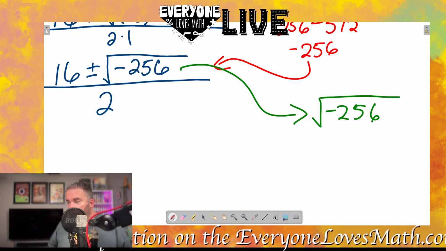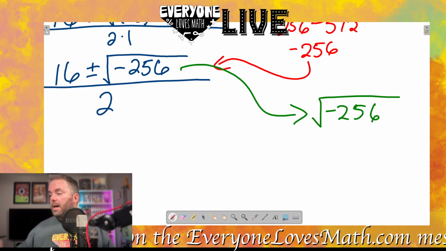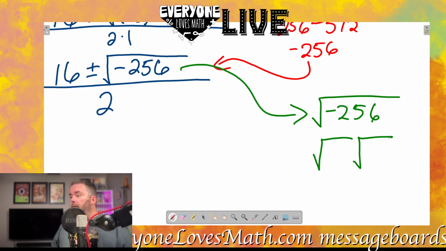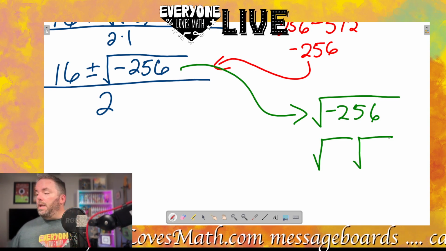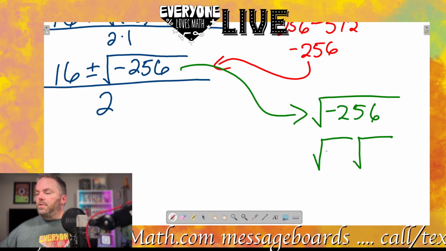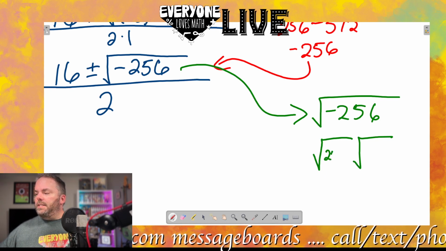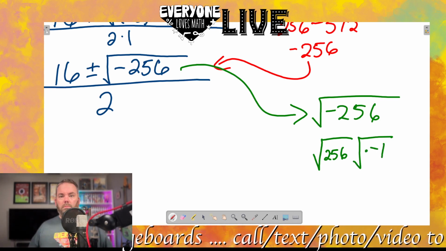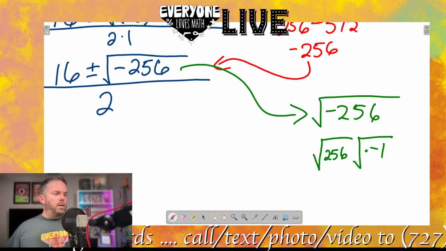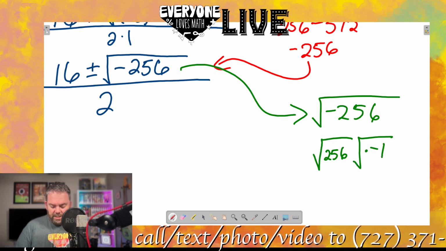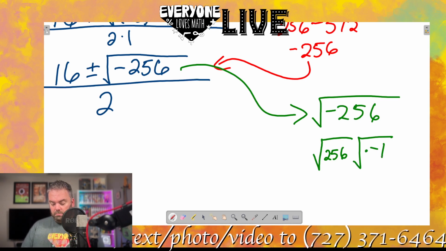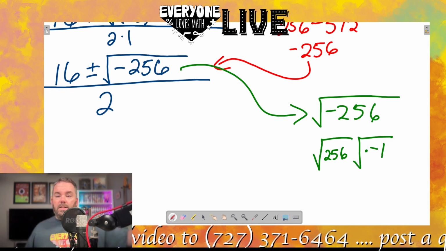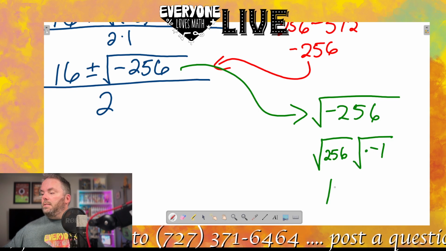All right, so how do we simplify a square root when there's a negative inside? We split up the square root. In this particular case, I'm going to write negative 256 as 256 times negative 1. Why? Because 256 is a perfect square, and the square root of 256 is 16.